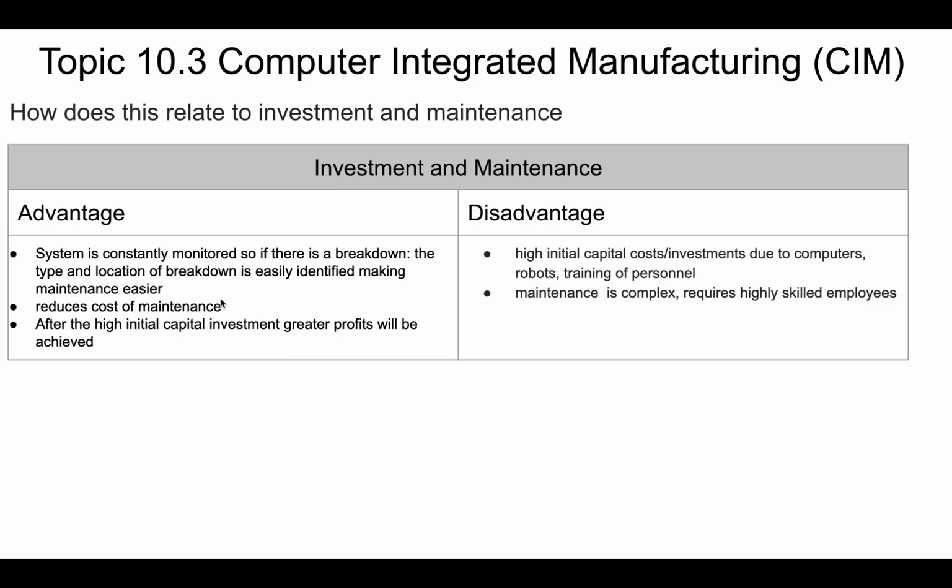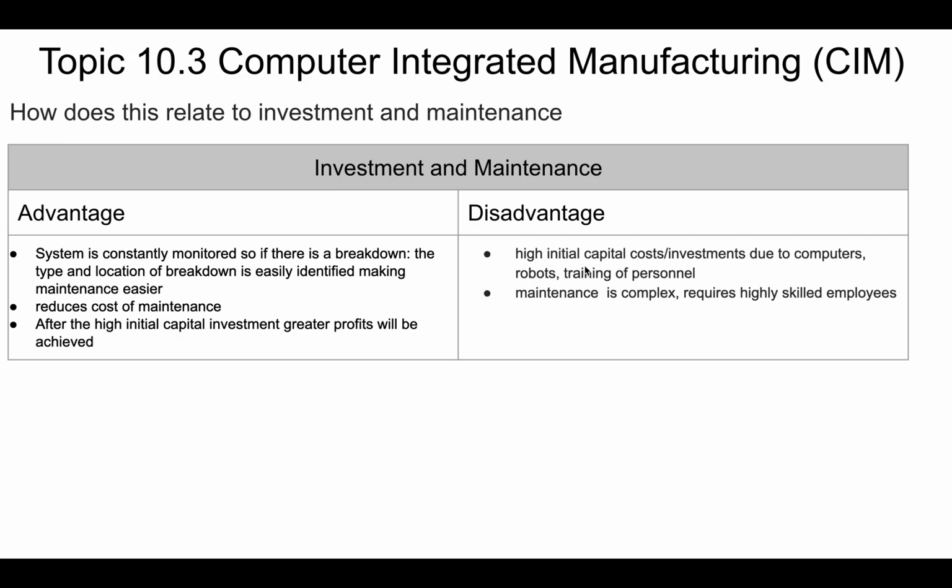So that can reduce the cost of maintenance because you're catching small things before they become big things. And then after you've invested in these really expensive machines, you can have greater profits, right? Because you've reduced your labor cost, you're making higher quality products, and it's cheaper to produce them. So, after the high initial capital investment, you can actually make more money.